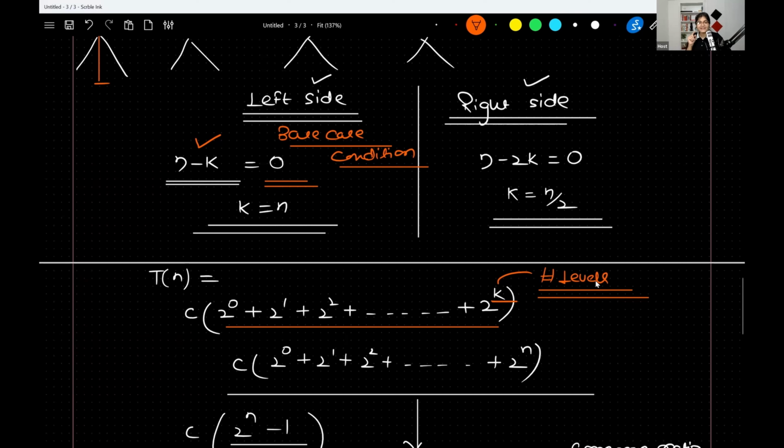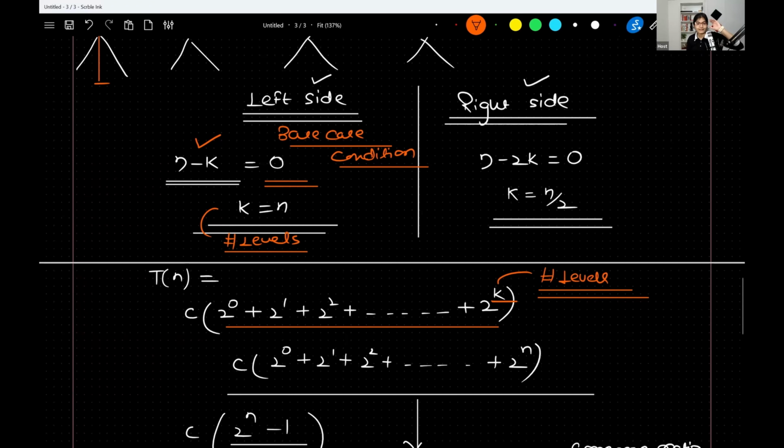So it means you can take the value as 0 or as 1, because that is your base case condition. Then you can compute the value of k on the left side. This is the number of levels on the left part. But you need to do the same thing on the right side also.